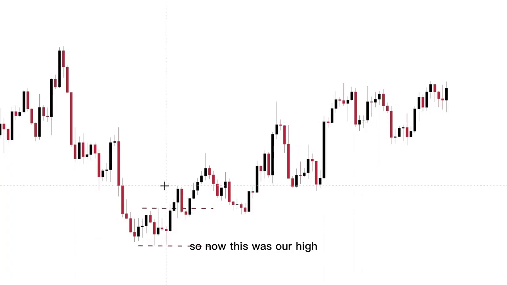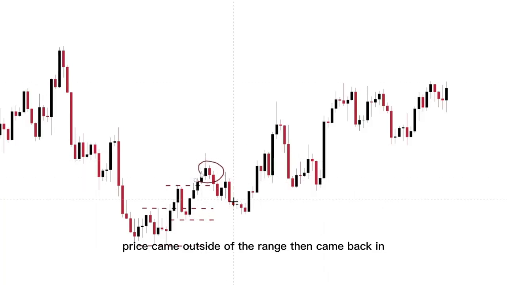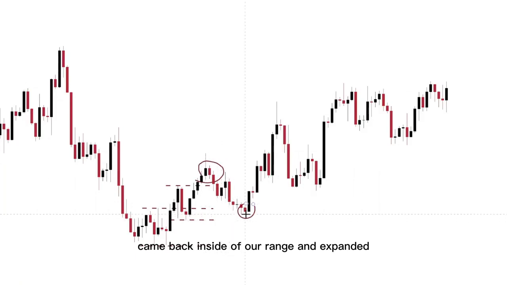So now this was our high. And this was our low. So now what did price do? Price came outside of the range, then came back inside of our range and expanded.